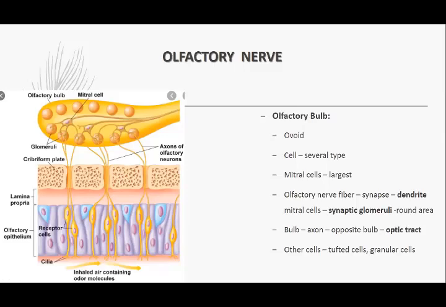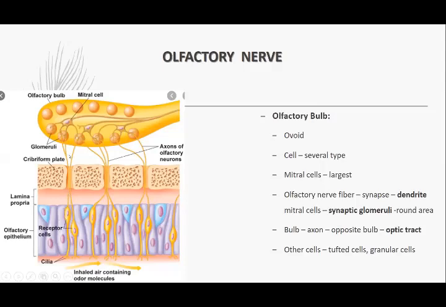Now these are also neurons, so they have axons and dendrites. The dendrites of the mitral cells anastomose with the axons of the olfactory nerve. The olfactory nerve is basically the axons of bipolar cells.